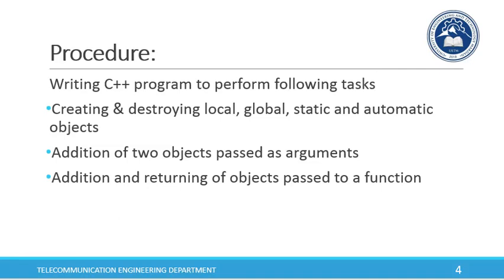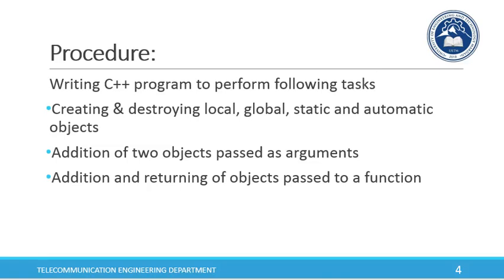What you will do in this lab is write a C++ program to perform the following tasks. In the first code we will create and destroy local, global, static and automatic objects. I will show you and explain it in the code.